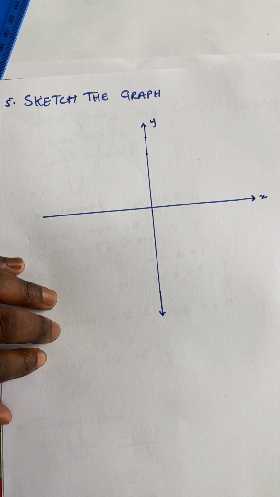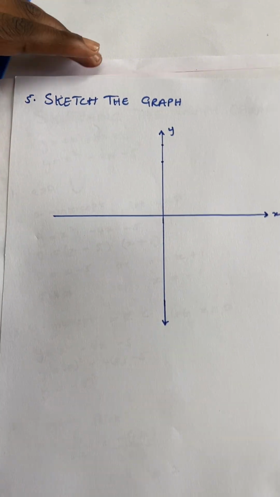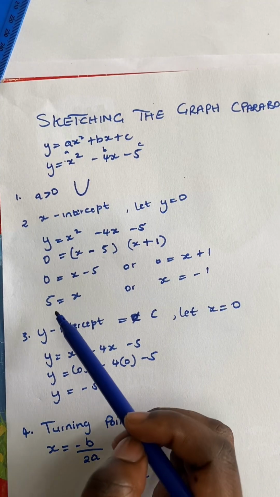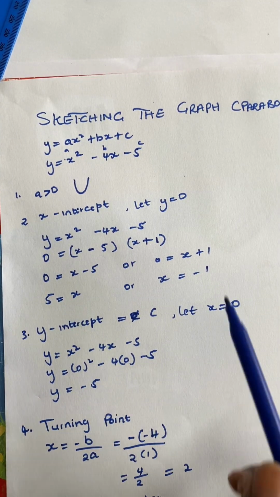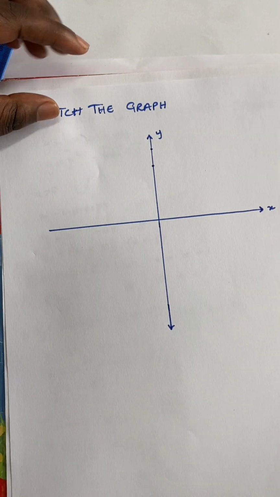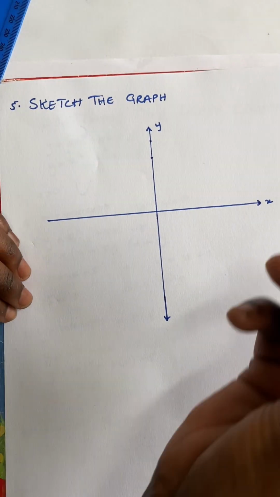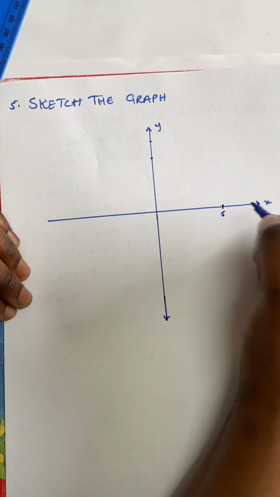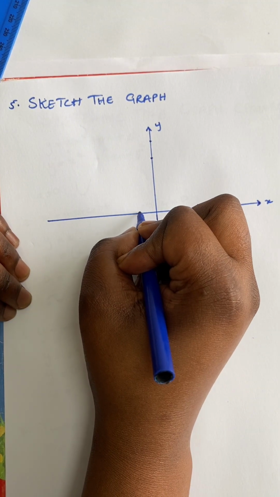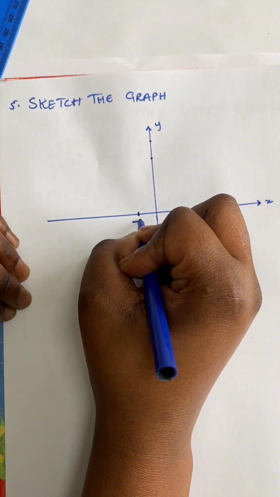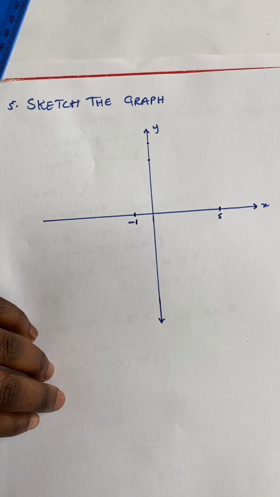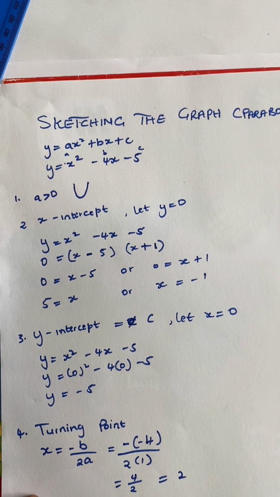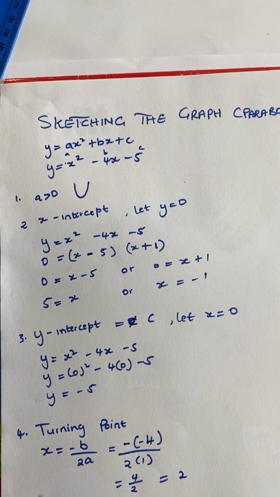So now you plot the points first. Remember, for your x you have your +5 and your -1. I'm going to assume that +5 is around here, and -1 is here. What else? You already know that your graph will be happy. What else?